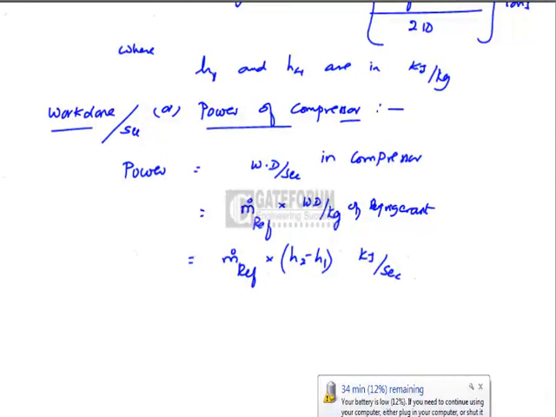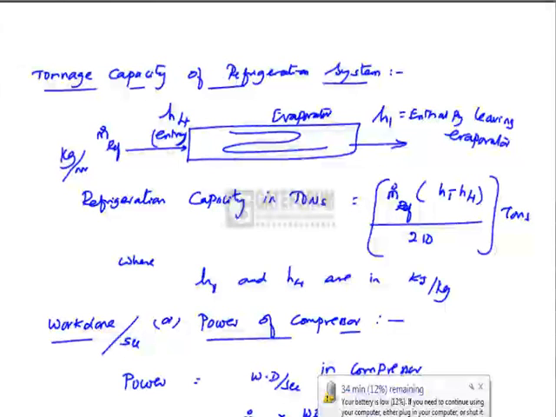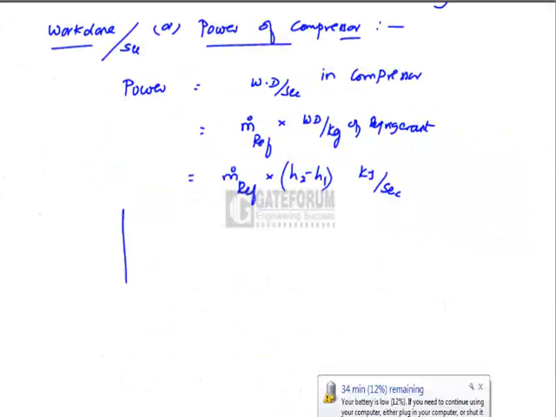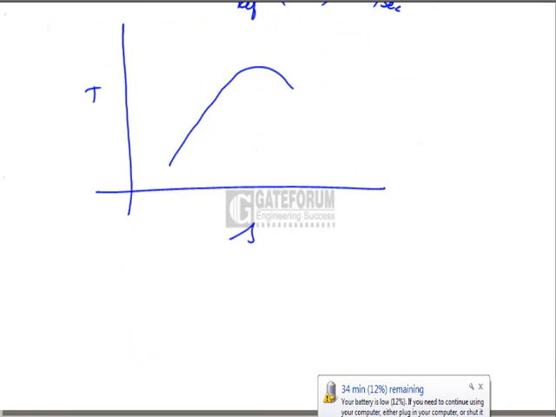Here, mass flow rate of the refrigerant is in kg per minute. M dot means mass flow rate. But how to calculate the H2? Because H2 is the state of the refrigerant in the superheated domain, in the superheated region.